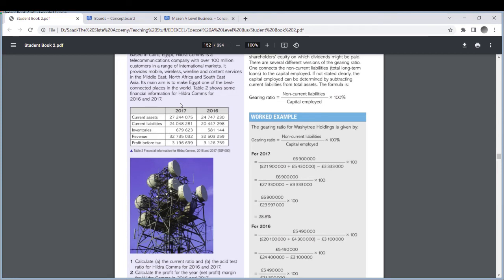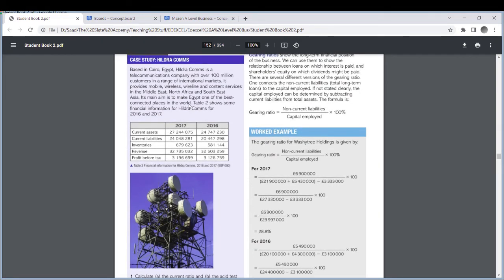Sometimes when you're given profit before tax, usually the tax rate for corporates is 30%. But in this question, just use profit before tax as net profit, because it says calculate the profit for the year. Oh, margin. Okay. I didn't read margin.